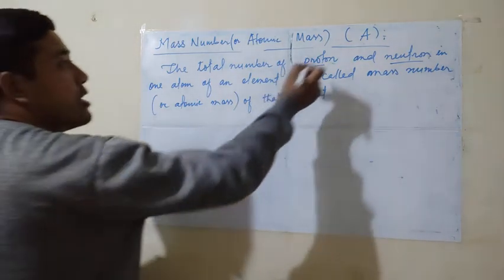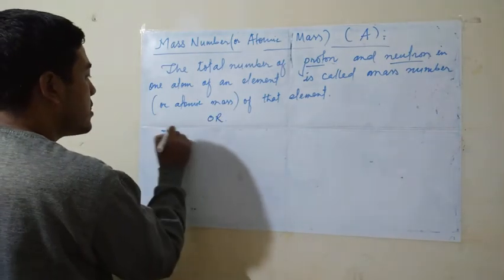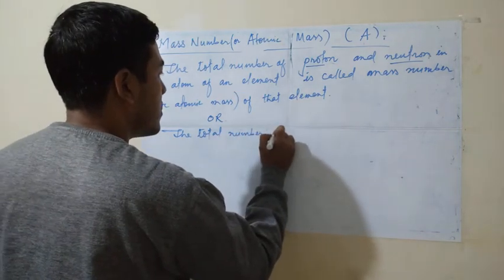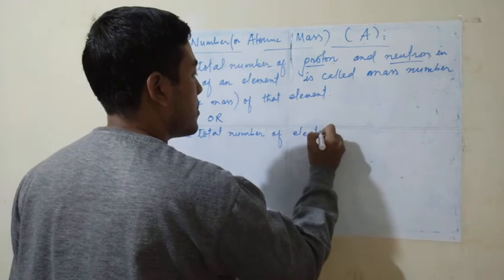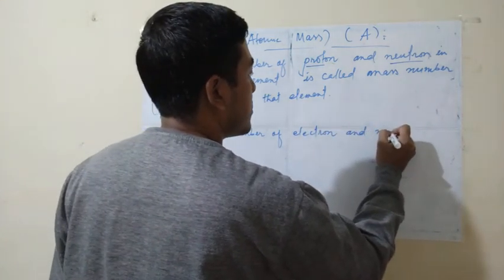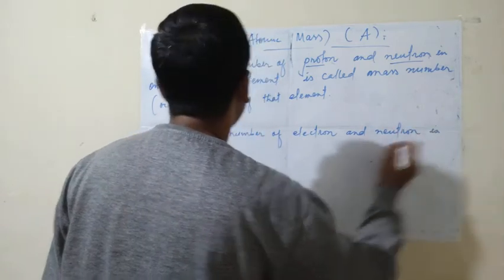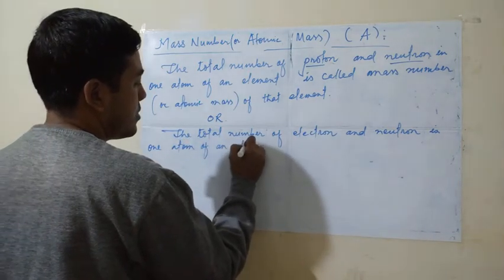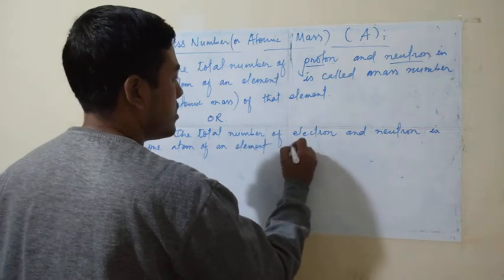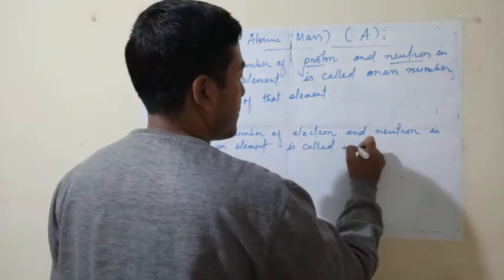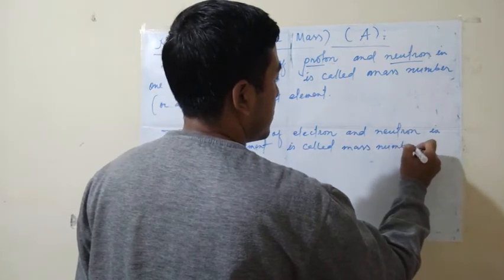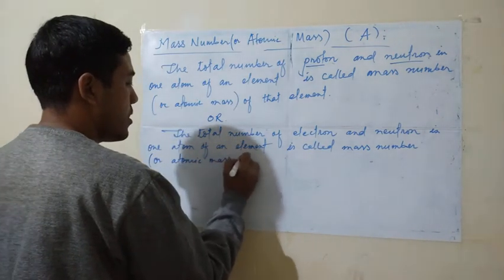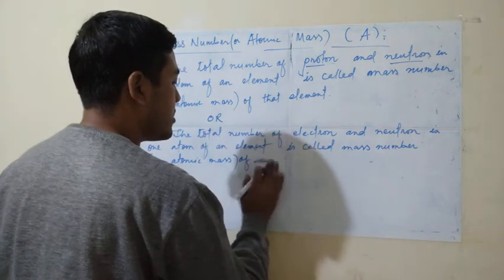Now here, in place of this word proton, I will write the total number of electrons and neutrons in one atom of an element is called mass number, or we can write as atomic mass of that element.